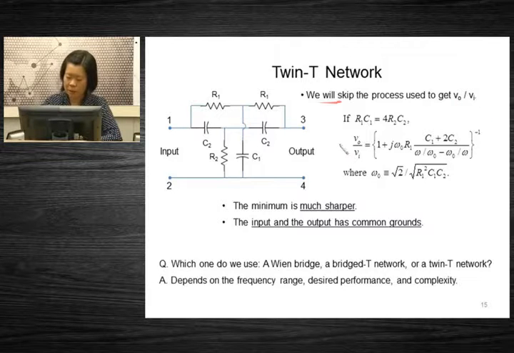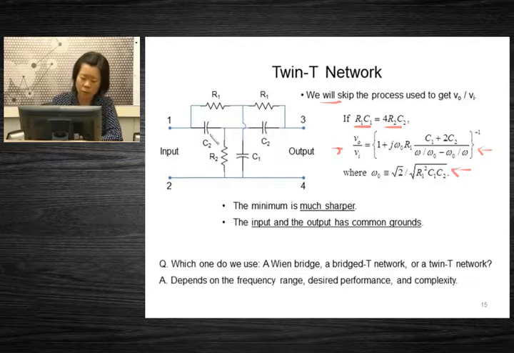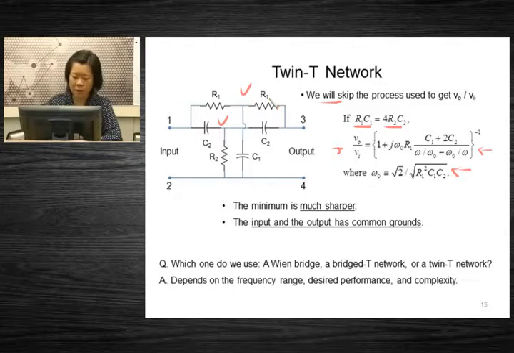What they found is when R1 times C1 is equal to 4 times R2 C2, the ratio between output and input is represented by this equation, where the resonance frequency is found at this value. This circuit is called twin T network because we have 1 T and 2 T. So there are 2 T's, and it becomes twin T.